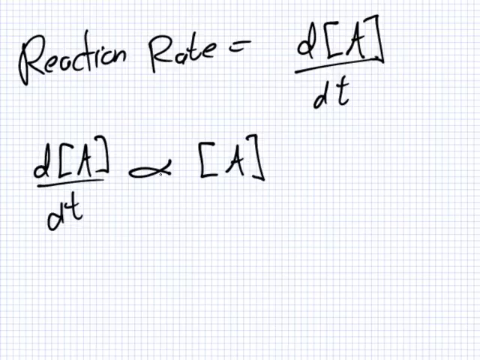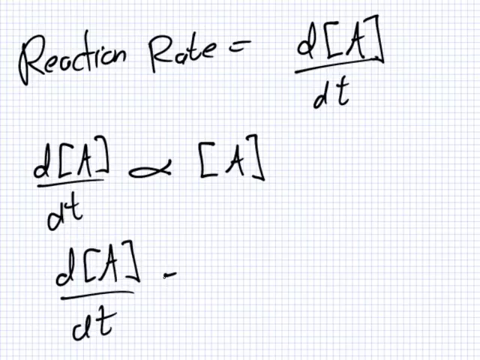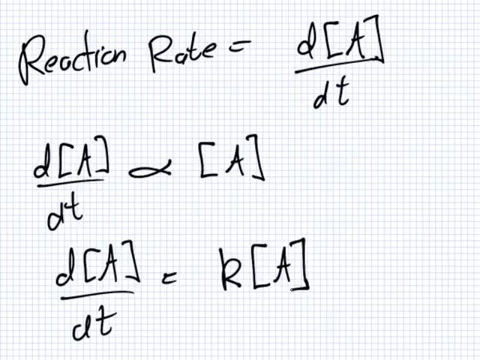How do I get rid of the proportional? Reaction rate is equal to k times concentration. Wow. Doesn't that look interesting? Now this is not the definition, okay?